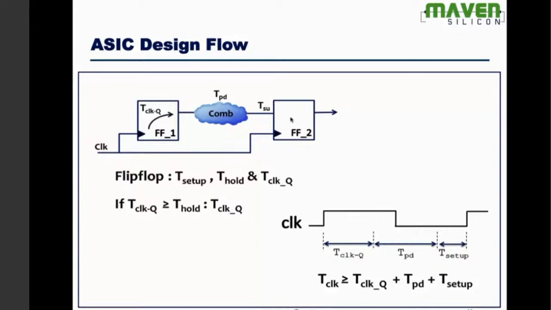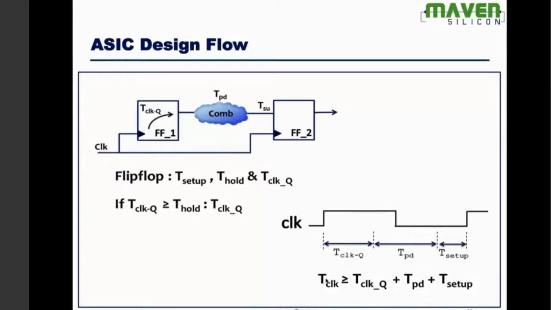Look at here. So here, the clock period can be calculated using this equation. Clock to Q delay plus propagation delay of the combinational circuit plus setup time. So clock to Q delay of the first flip-flop plus propagation delay of the combinational circuit plus setup time of the second flip-flop.